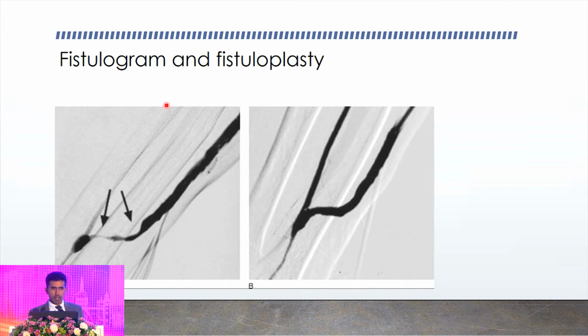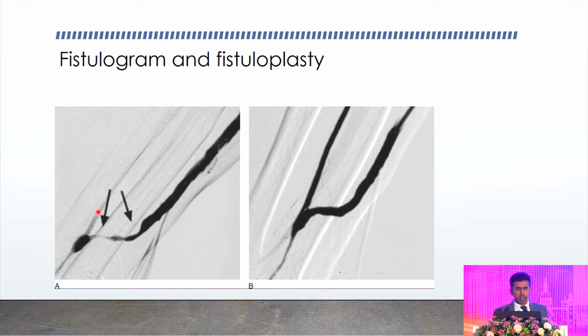Fistulogram and fistuloplasty in compromised patients with renal failure. This is one example of a radiocephalic AVF with a juxta-anastomotic tight stricture. So this was treated with balloon angioplasty.